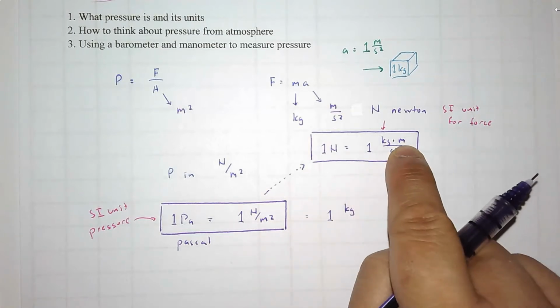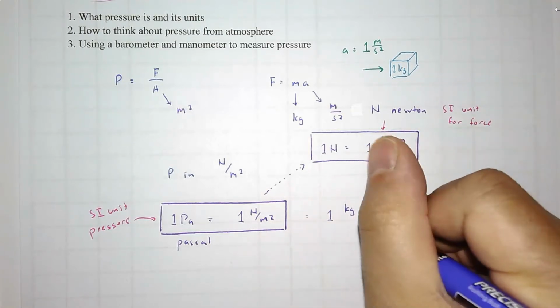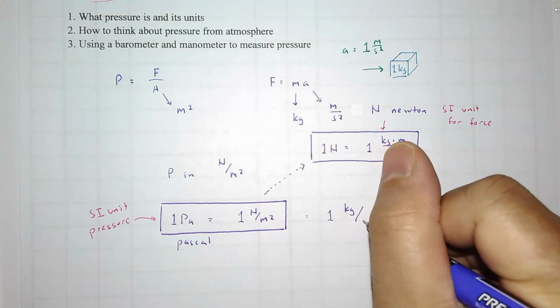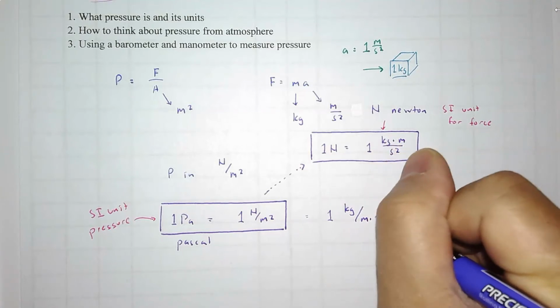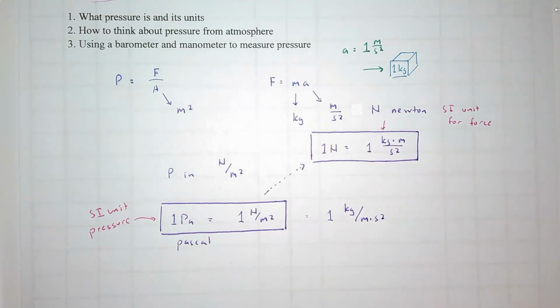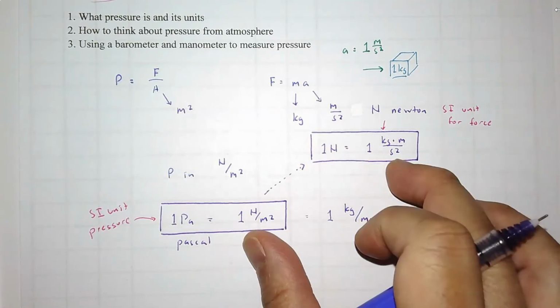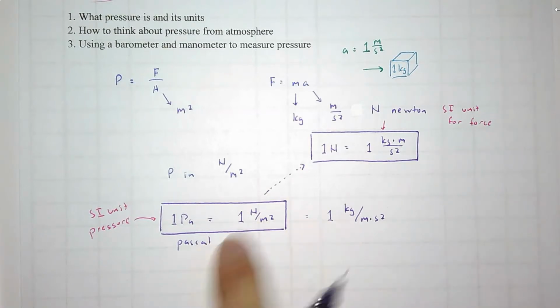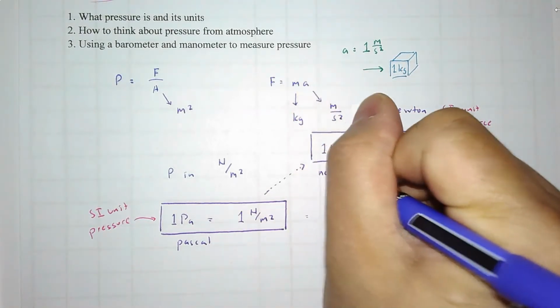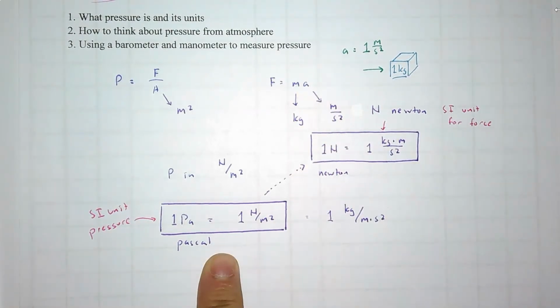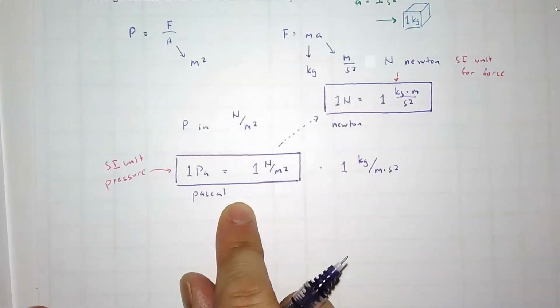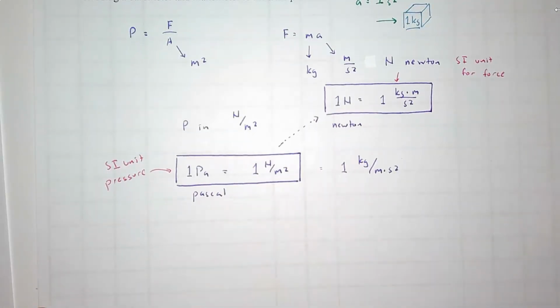The meters cancel out, so on the bottom we have meters dot seconds squared. But if you really want to focus on the things that you should know or memorize, it's the ones in boxes. Okay, Pascal, and again this is a Newton. And we're going to continue with pressure, so this is the more important of the two.